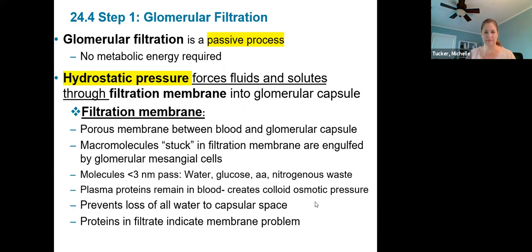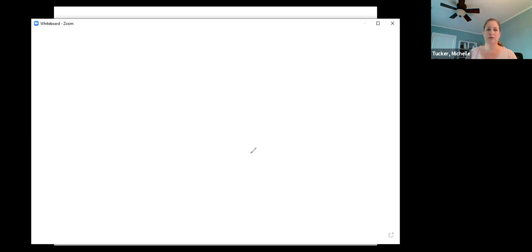Go to the whiteboard. For glomerular filtration pressure, we are looking at the forces that are pushing out of the capillary minus the forces that are pushing in to the capillary.